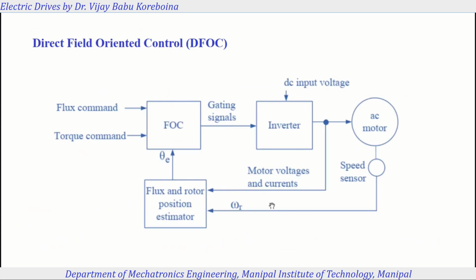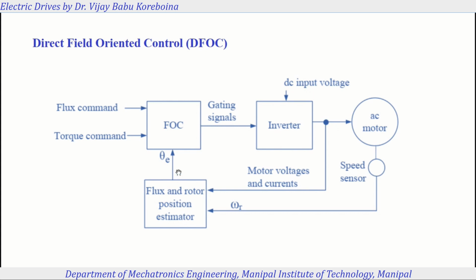So DFOC, direct field oriented control: you give a flux command, you give a torque command. Below the rated speed you can give the constant, rated flux. Above rated you can give field weakening. Right? Torque also you can give, whatever torque is demanded. What will happen in this direct field oriented control? From the motor voltages and currents and the speed, you will directly estimate the flux and the rotor position.